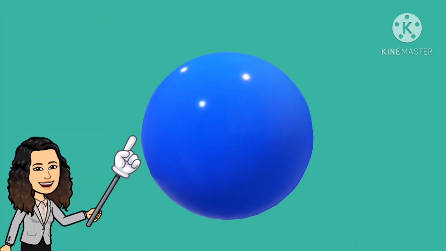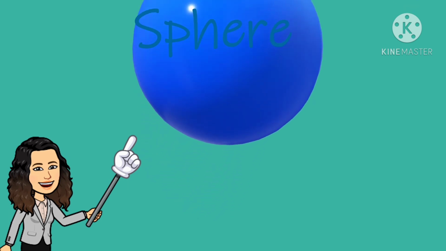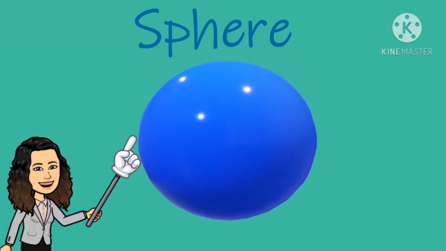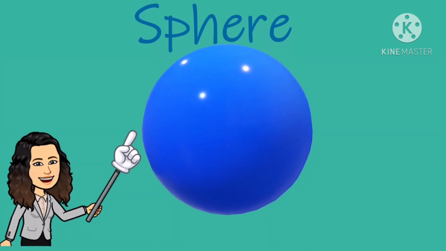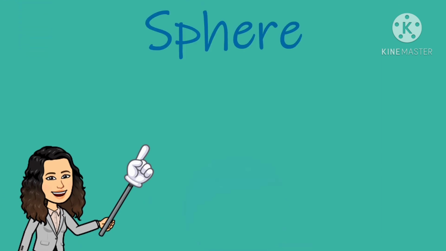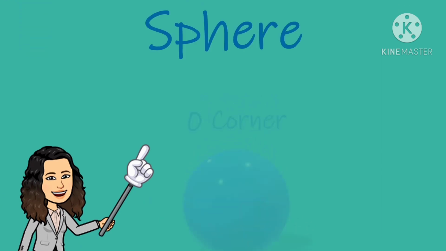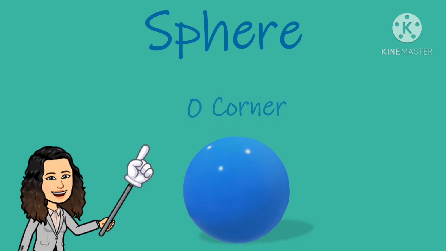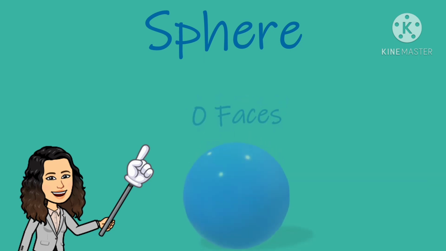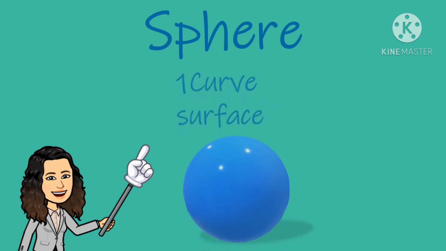This unique shape is called a sphere. It's perfectly round just like a ball. This means it has no edges, no corners, no faces, but it's just one curved surface.